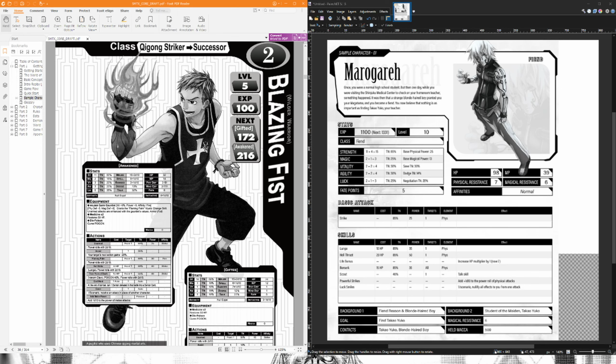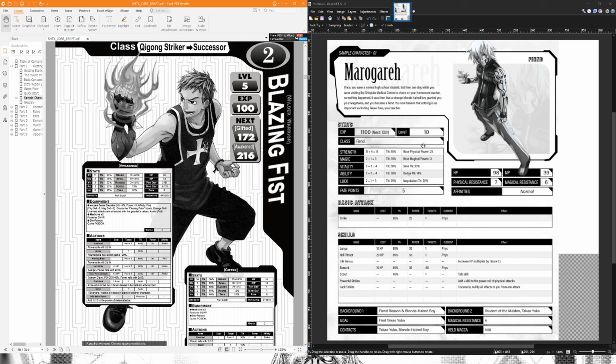The next formulaic difference is that the initiative values are calculated slightly differently. In Tokyo Conception, I believe it's just equal to agility. Is that anywhere on here?